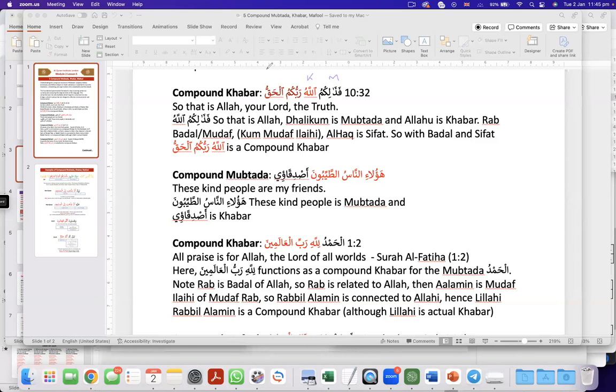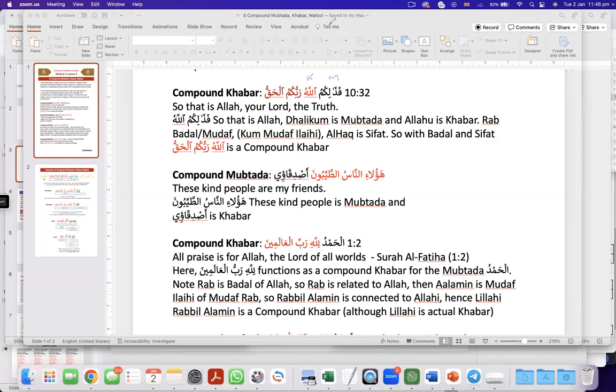So is that clear to you, that Allah is just not on its own, and rabbukum and al-haqqu is connected to Allah, and they can't survive without the word Allah, because they're connected. So Allahu Rabbukumul Haqqu, this is going to be a compound khabar. My brothers and sisters, please embrace it, welcome it. Then we got a compound khabar, Alhamdulillah.